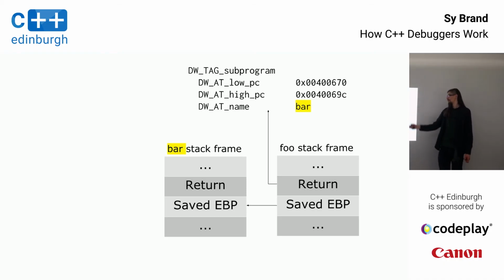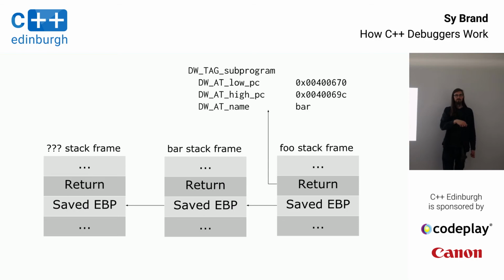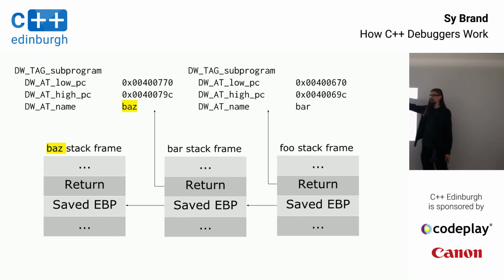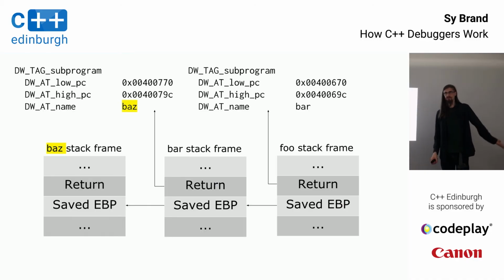And then to go further back up, we can say, okay, what's the last frame? So we walk back along the frame pointer and back along the return address, and we work out we're at baz. And we just keep on doing this. With the System V ABI, we can keep doing this until eventually the frame pointer is going to be 0, and that's when we know we can stop.